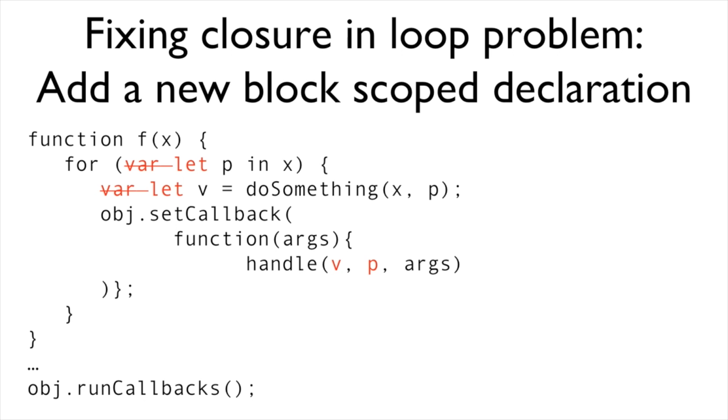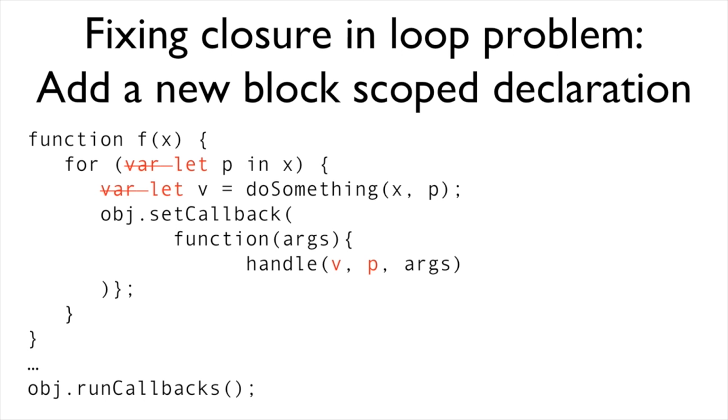What we can do, while we couldn't change the meaning of var, is add a new type of declaration that added a variable that had different sort of scoping. And so we added let, as a type of declaration that doesn't get hoisted to the top of the function, but has each block that contains a let declaration, or in this case, the loop itself acts as a block, have its own distinct variable that shares the name v, but they're different variables.